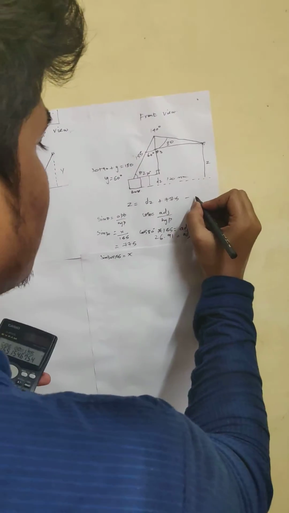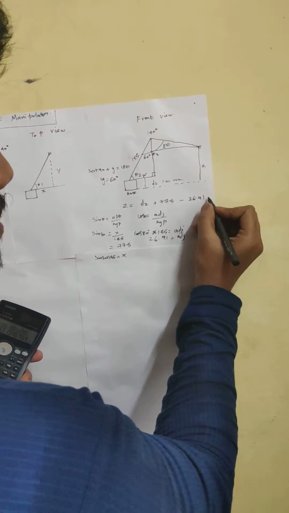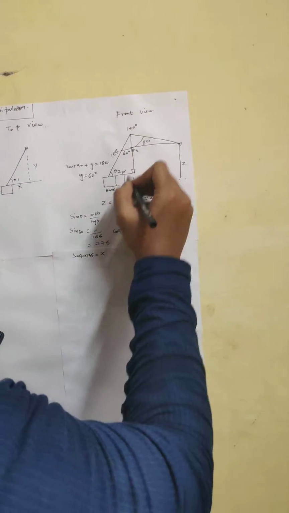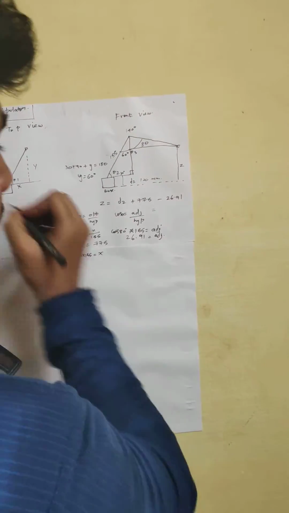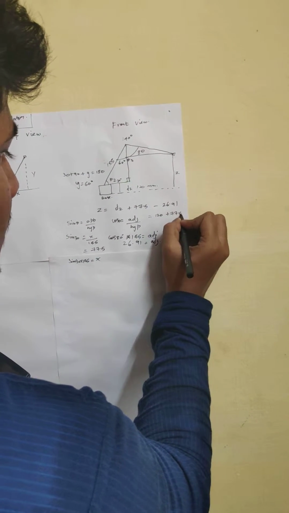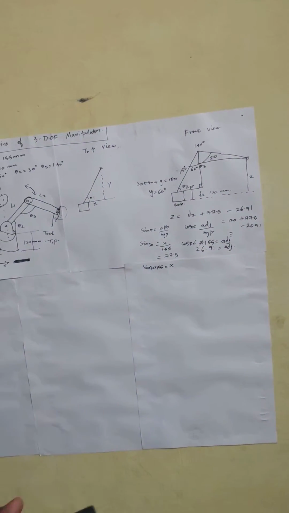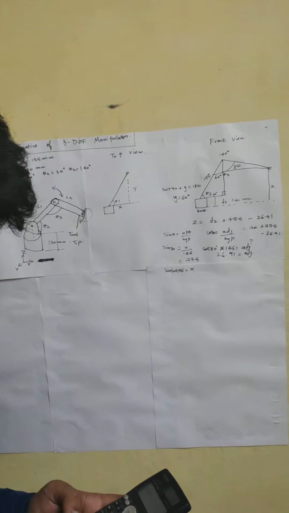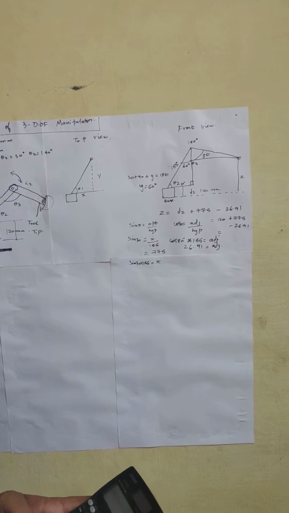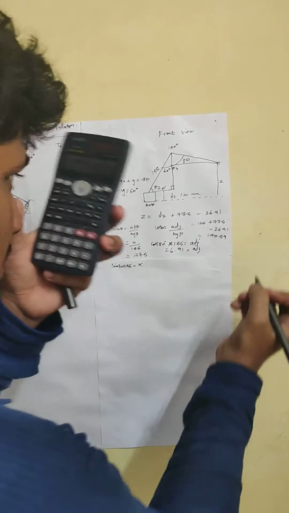So we have to subtract 26.91. We found this and we are subtracting it from this. So 120 plus 77.5 minus 26.91, that is our Z. We get the answer as 170.59.